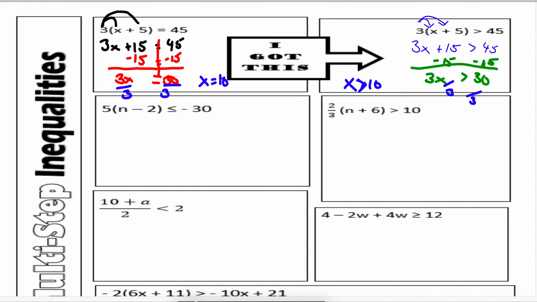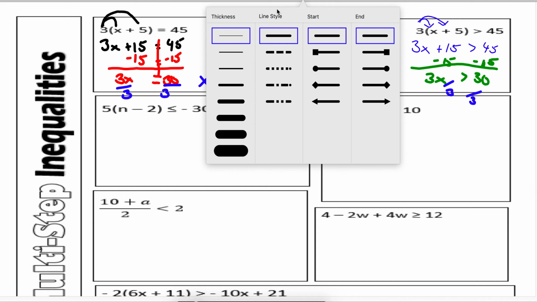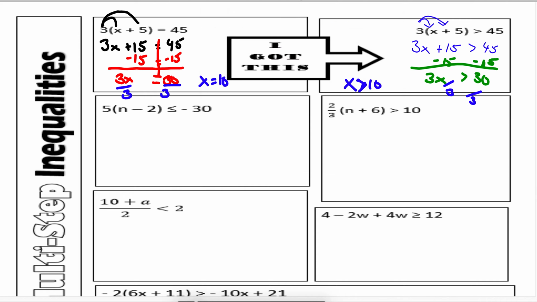So let's keep practicing. I'm going to change my little thickness here to make it a little bit easier to read. I'm going to take up a little bit less space. Okay, we distribute this 5 to the n and the 5 to the negative 2. So we get 5n, 5 times n. 5 times negative 2 is negative 10, which is less than or equal to negative 30. Okay, well, what was our first step we got to do? We got to get rid of this negative 10.